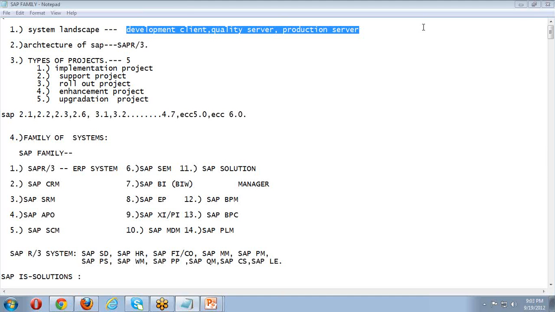And once the objects are transported to the production system, the end users cannot start immediately using the SAP system for their own business processes. They need to get trained. That is called end user training. So at the production system, the end users need to be trained by the functional consultants.